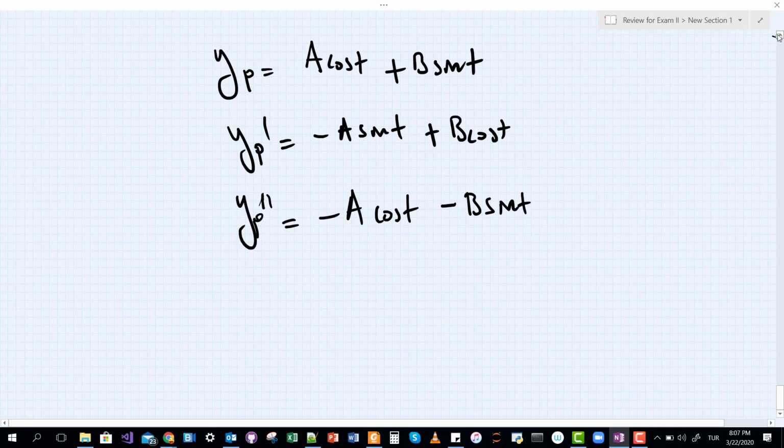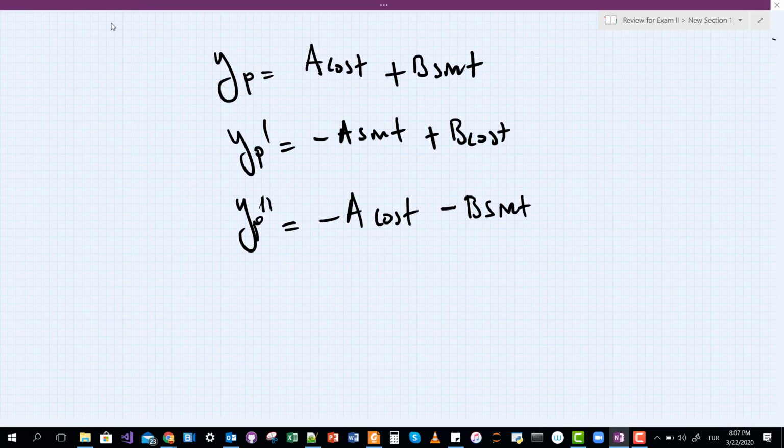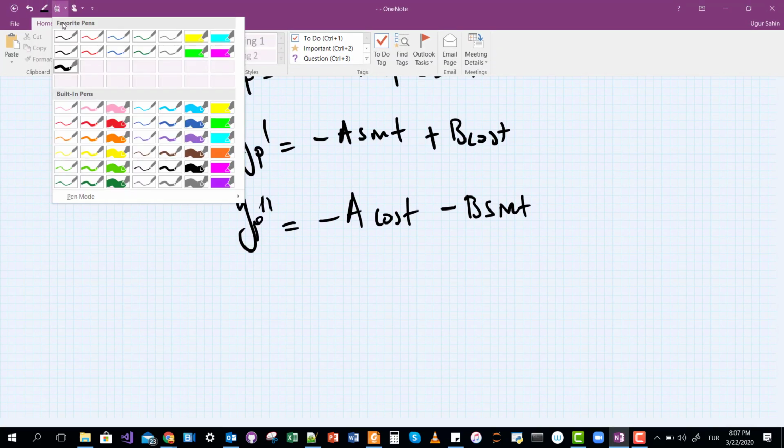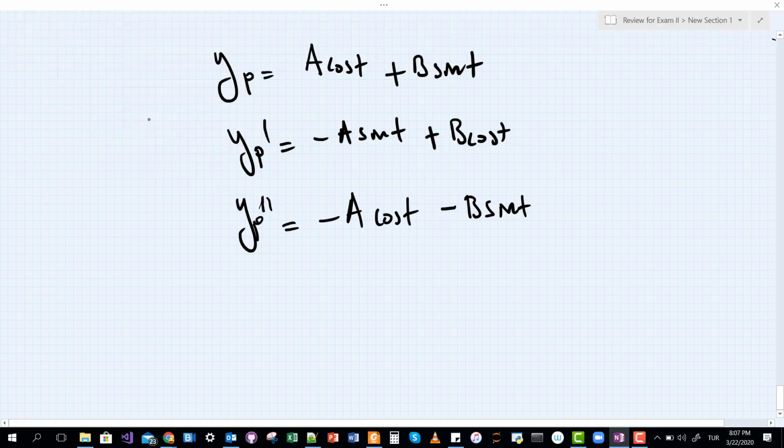I also need the coefficients. My coefficients were positive 6 and negative 5, which is going to be positive 5, and then it's going to make this negative 5.